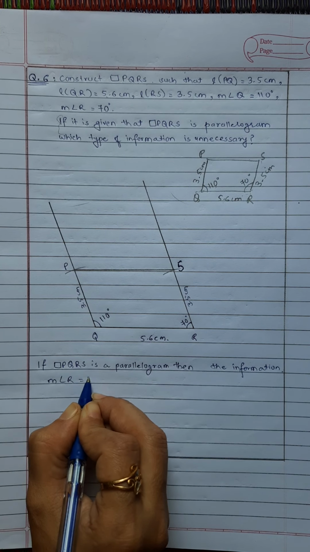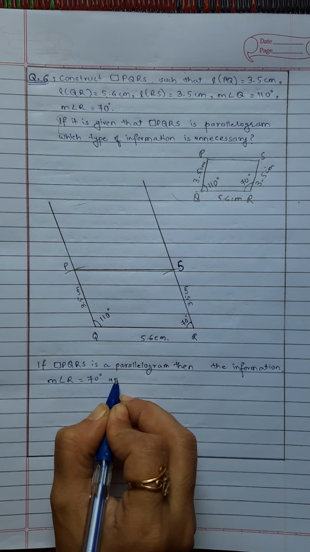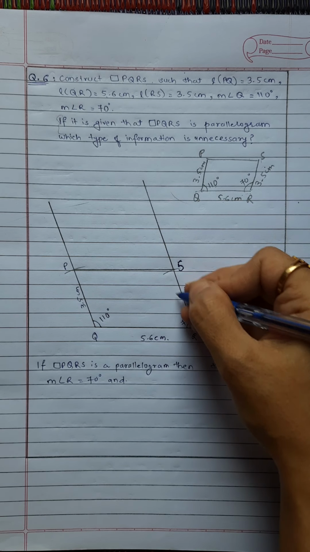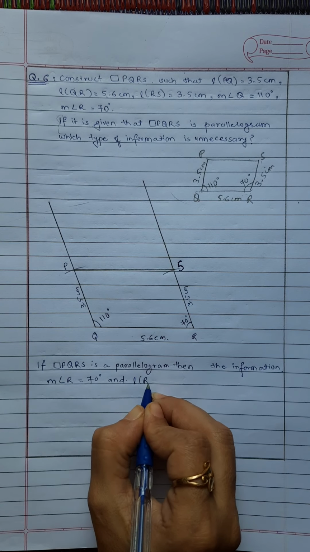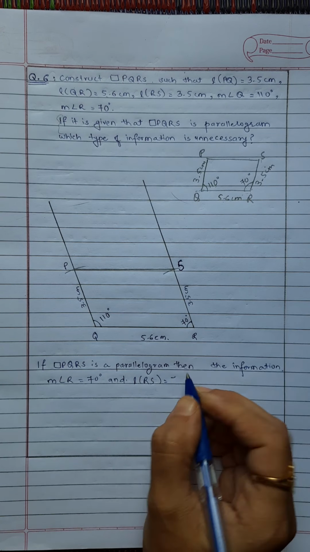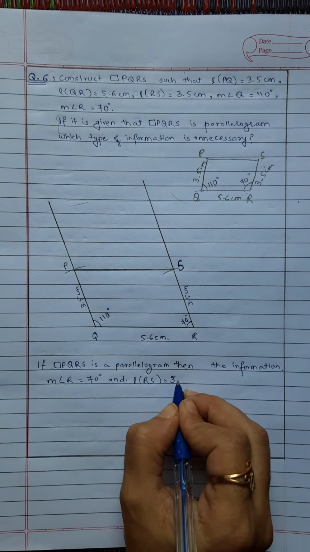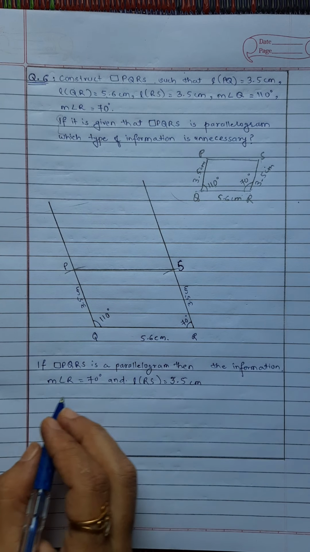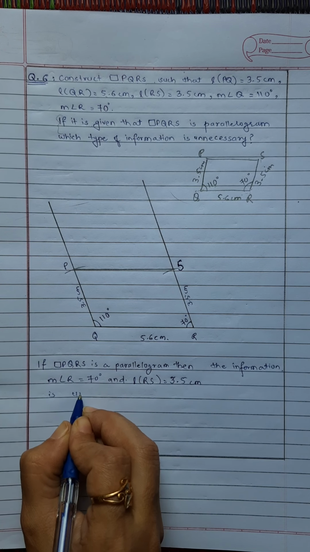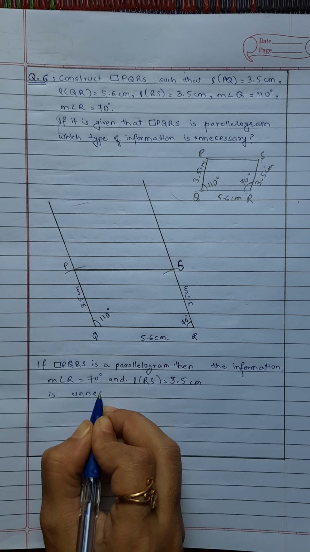Angle R 70 degrees, and one more, SR's length, this RS length, length of RS is equal to 3.5 centimeters. So all this information is unnecessary.